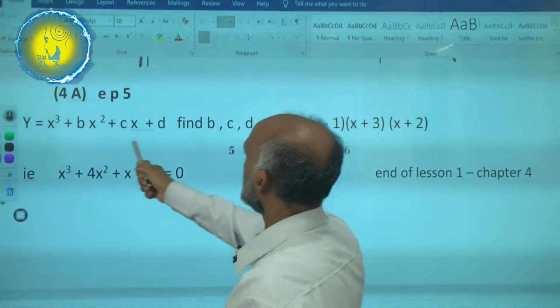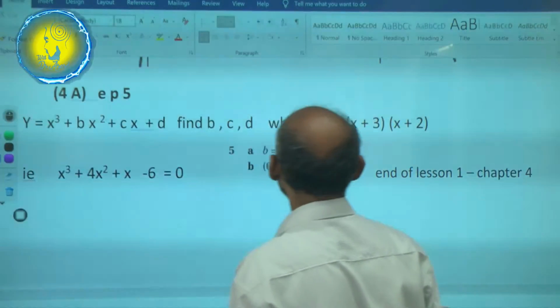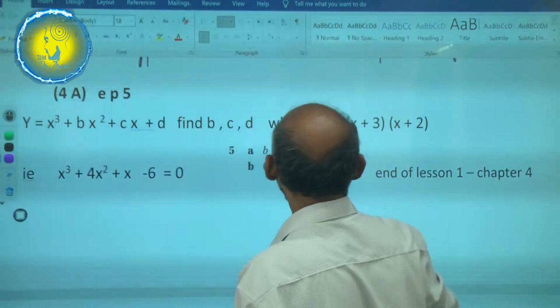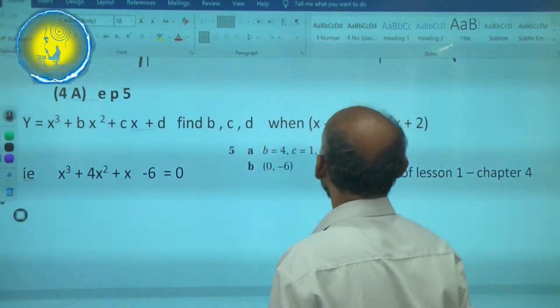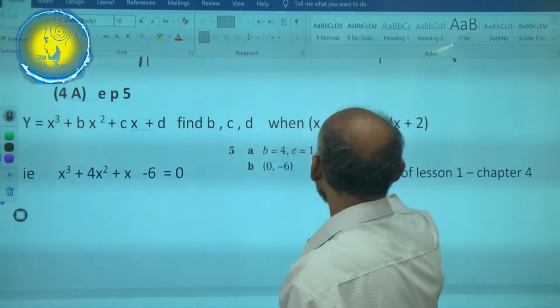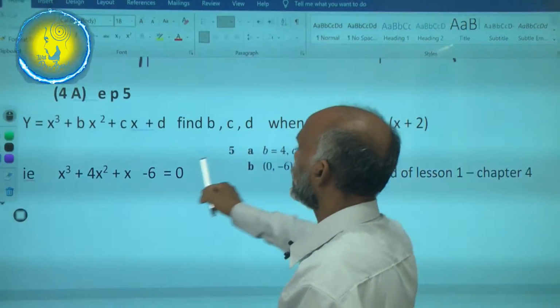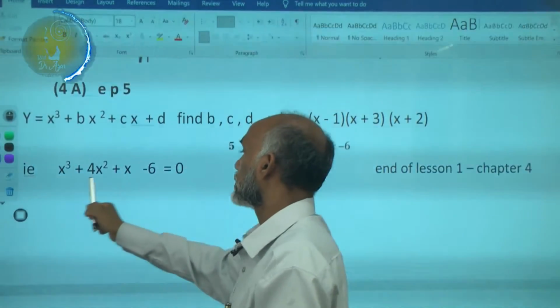Once we can identify the coefficients b, c and d, and if we know the roots of x, x minus 1, x plus 3, x plus 2, these can be multiplied and you can get the equation.